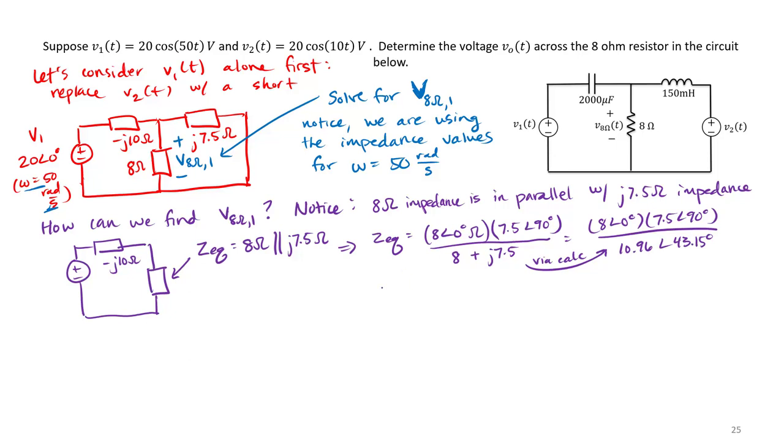And so if we simplify this, we determine our Z equivalent will be equal to 5.47 angle 46.85 degrees. And I'm also going to proactively write it in rectangular form as 3.74 plus J4 ohms.